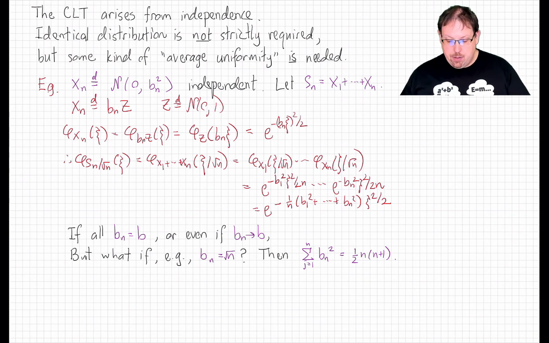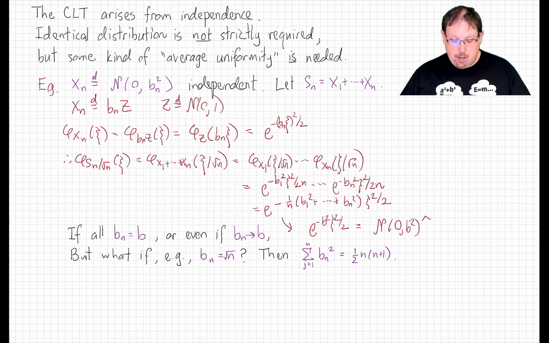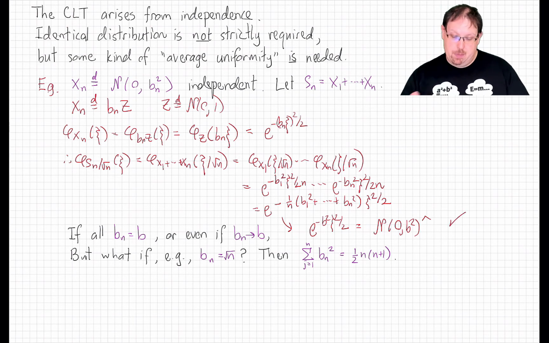Now, if all of those variances bn squared are the same for different n, or even if they just converge to some fixed variance b squared, then of course we get that this converges to e to the minus b squared xi squared over 2, which is the characteristic function of a normal distribution with variance b squared, and that covers the usual central limit theorem that we have proved in this special case where the terms are also Gaussian.